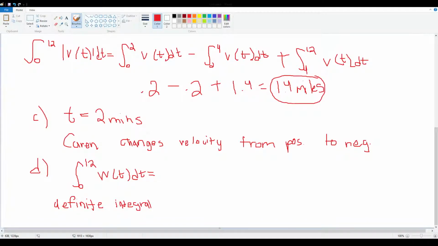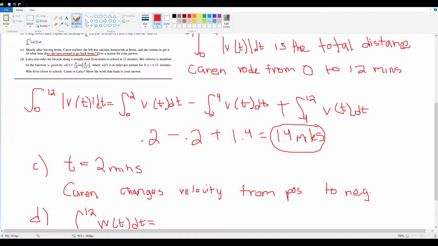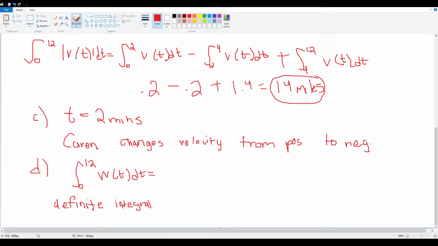And also for part C, you're mostly looking at the graph, or you have to know velocity in terms of the graph.